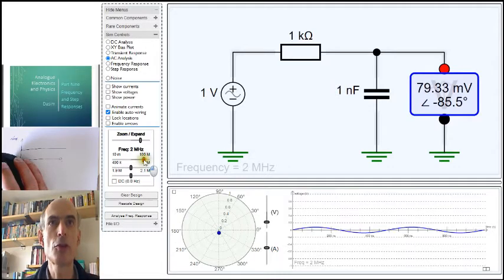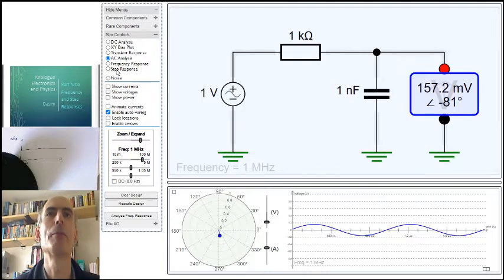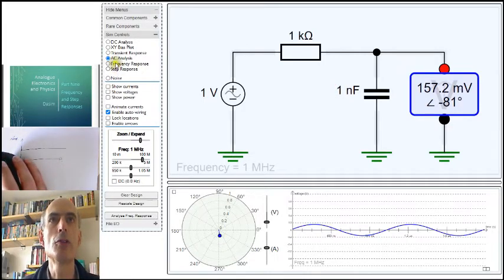Frequency responses are a way of plotting the amplitude across the capacitor in this case, although in general, the amplitude measured by the voltmeter, wherever it is, as a function of frequency. It's a very common and useful thing to want to do, especially when designing filters. The simulator will do this for you.